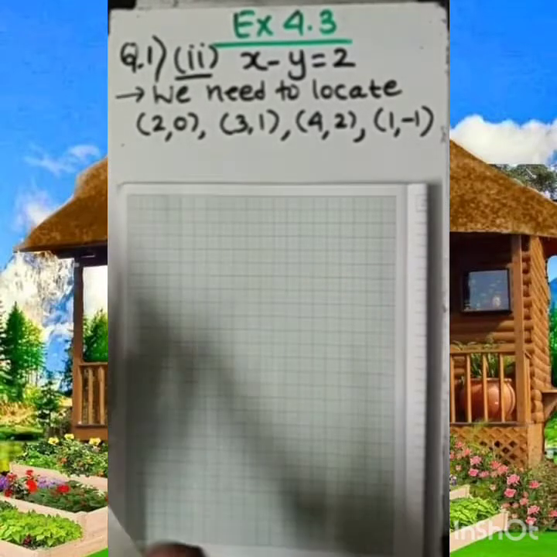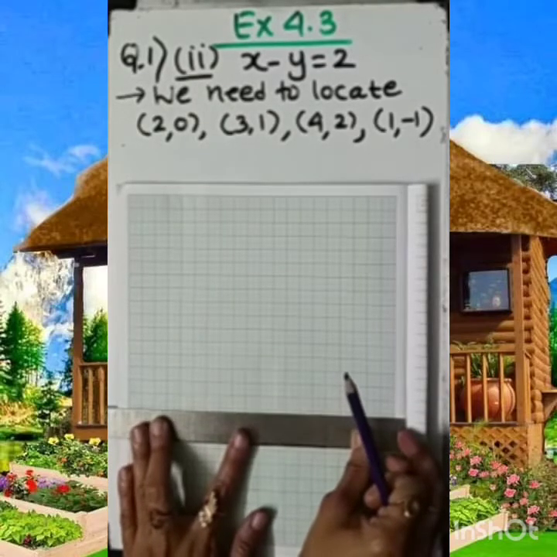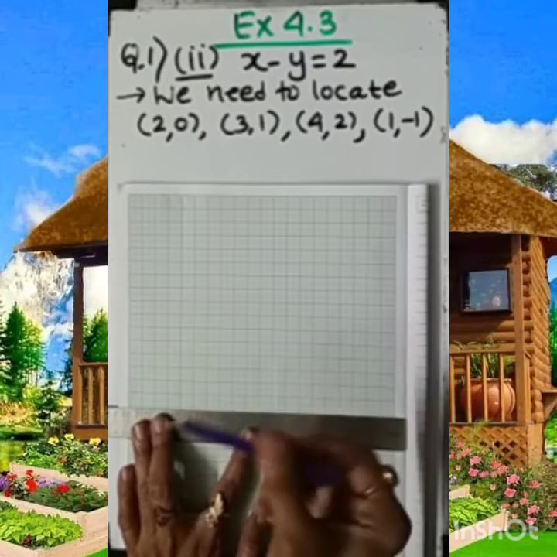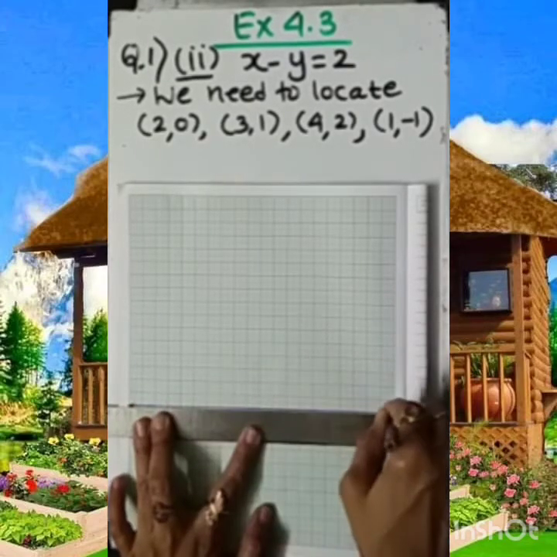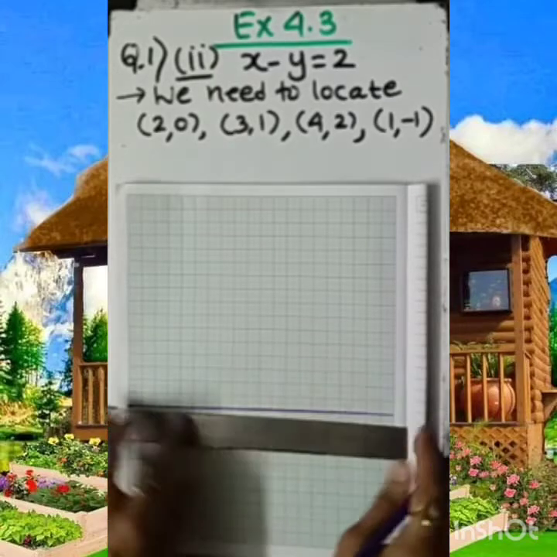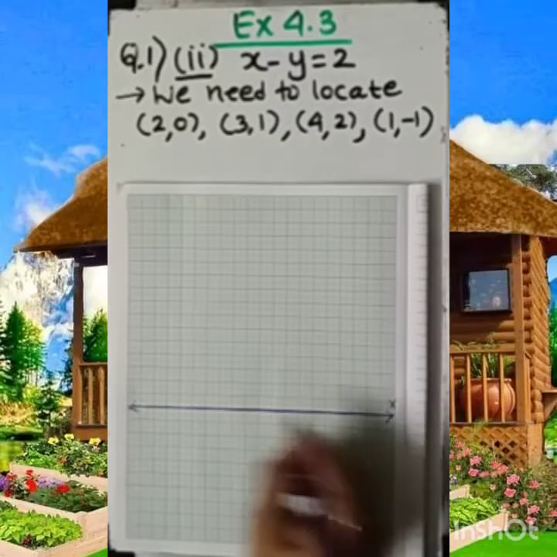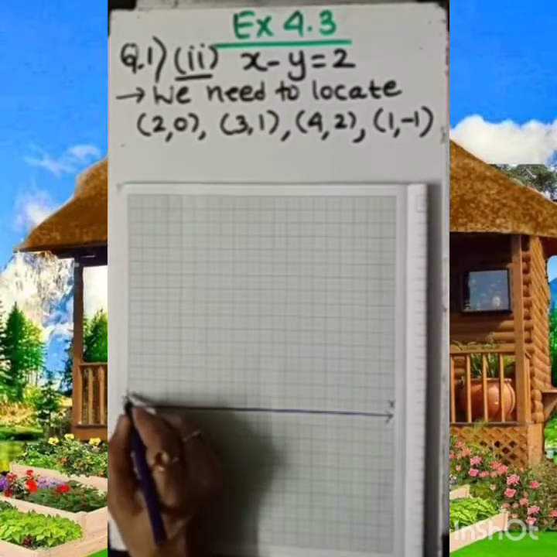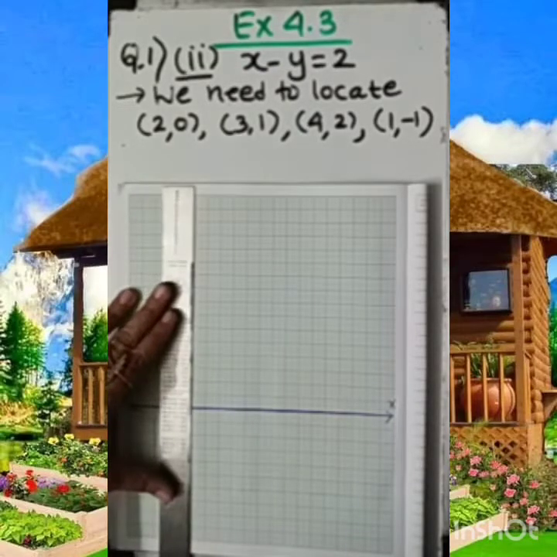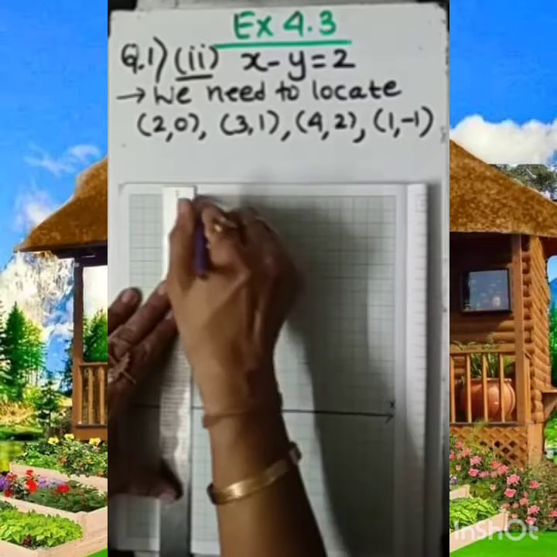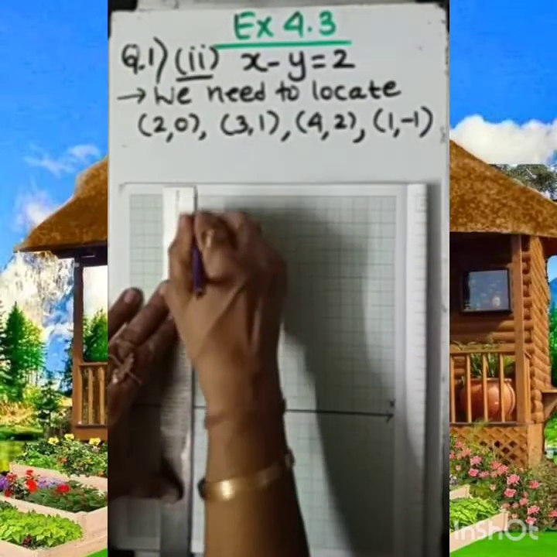So first of all I need to draw the x-axis. You can see here I am drawing a horizontal line that I am calling the x-axis of the graph paper, and this side is the x dash axis, that is the negative side. Now I am drawing the y-axis here, the vertical line that is perpendicular to the x-axis.